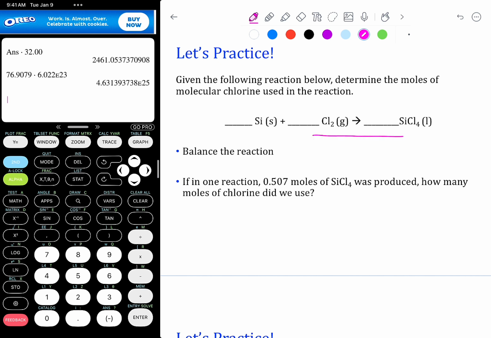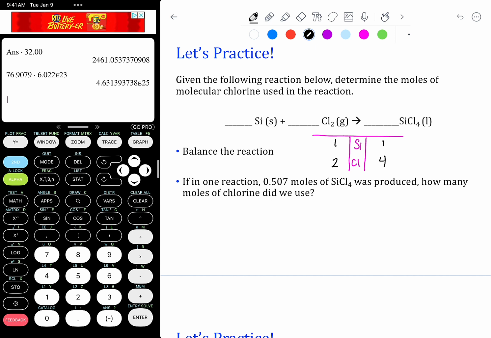Let's set up our chart. We only have Si and Cl. I have 1 Si, 2 Cls, 1 Si, 4 Cls. So I have unbalanced chlorines. I just need to add a 2 here to balance it out to 4, and that's all we needed.